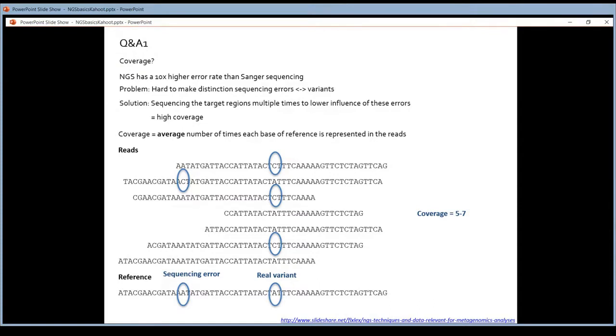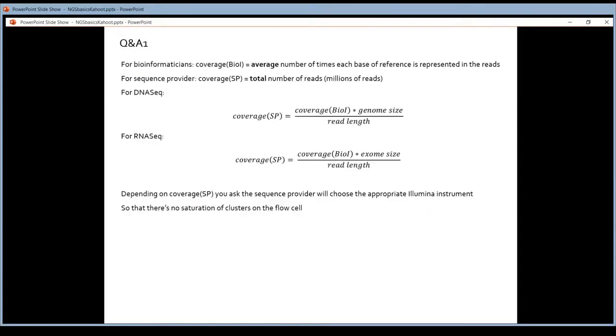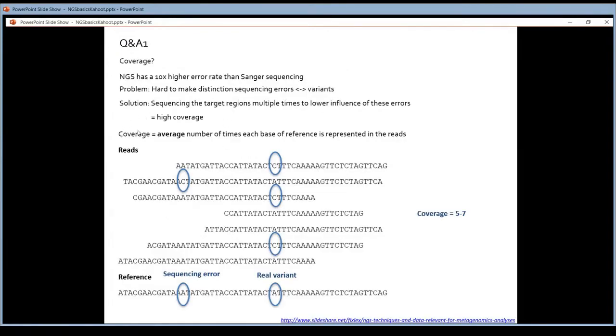So coverage is important, and we always get questions about what coverage I need for my experiment. Well, first of all, something very important: the word coverage can have different meanings depending on who you talk to. A bioinformatician will use this definition.